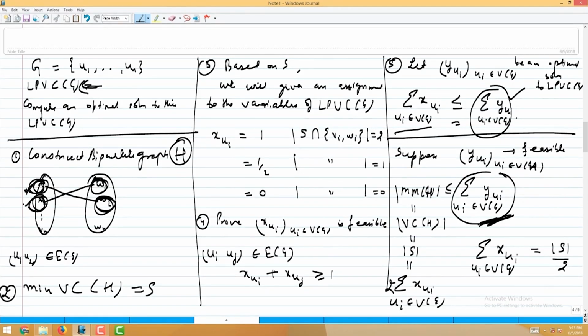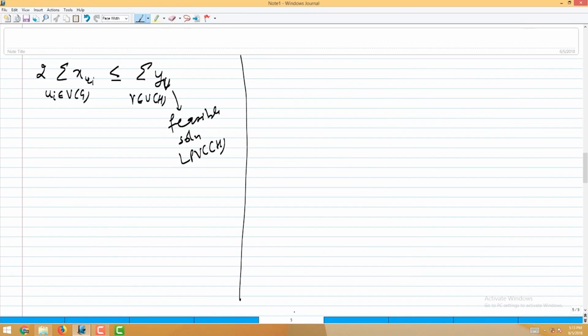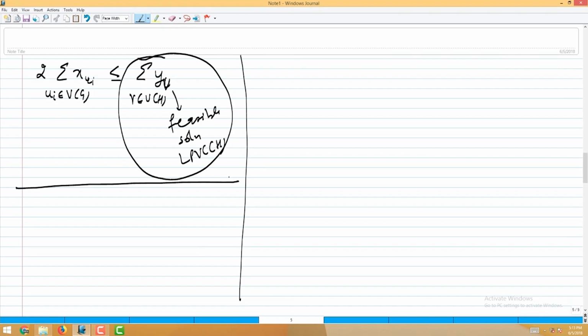Now, what did we want? We wanted to prove this. Now this y is different. We wanted to prove that whatever we have computed, its value is at most any optimal solution to G. That's what we want to prove, that this is the optimal possible.